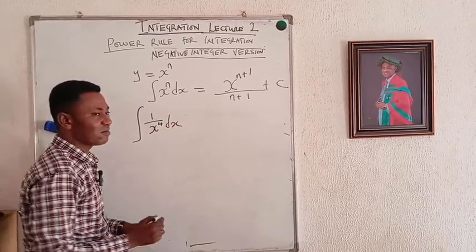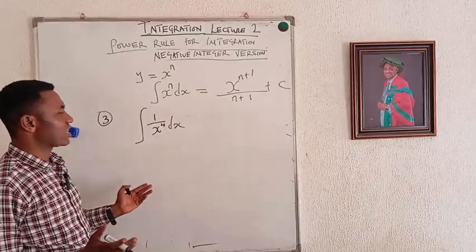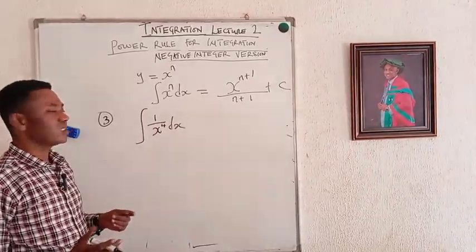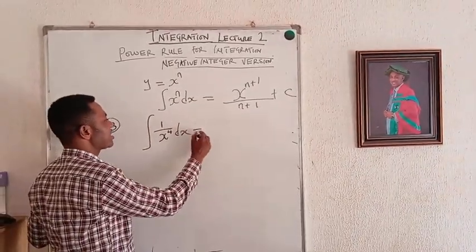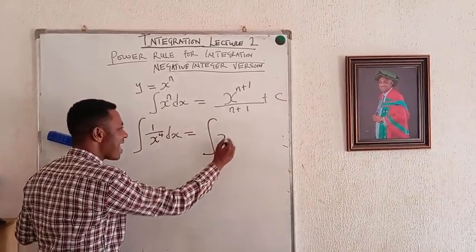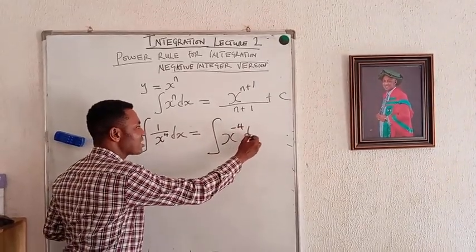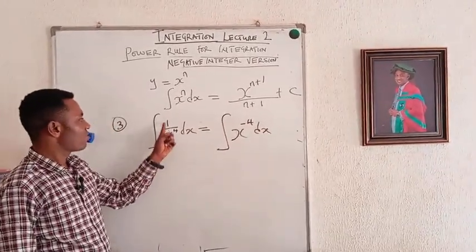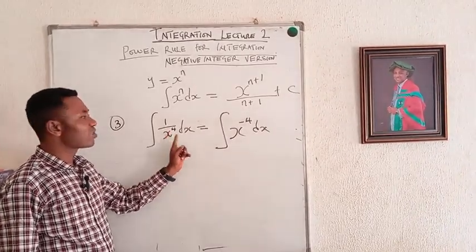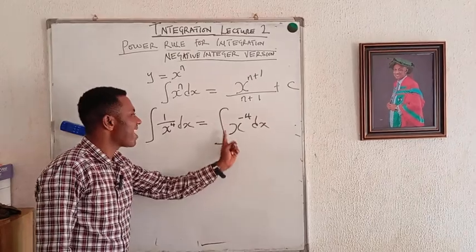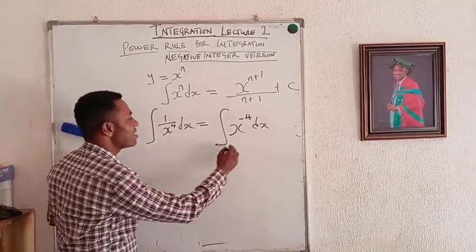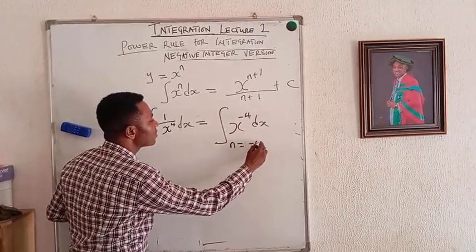You see it now, this is very simple. Integrate 1 over x power 4 dx. This is the same as writing x power negative 4 dx, so that here our n becomes minus 4.